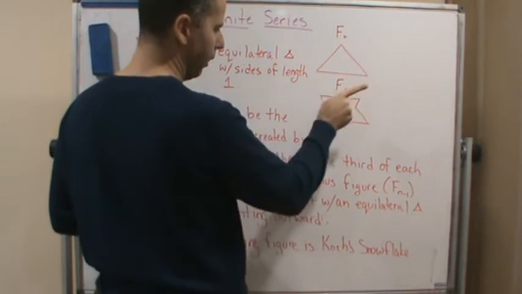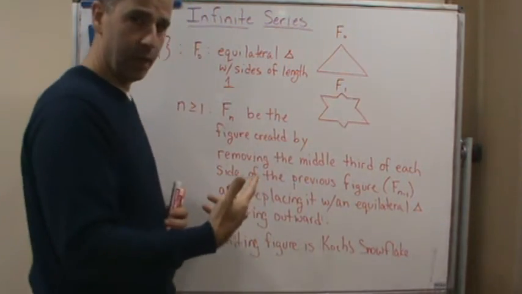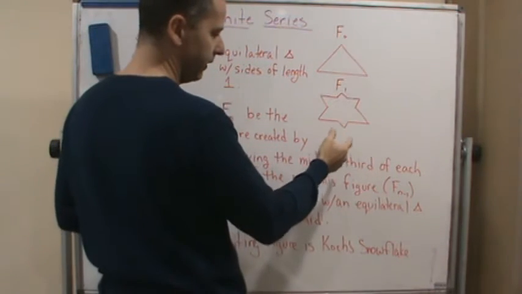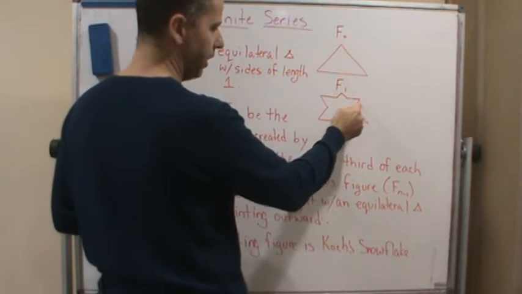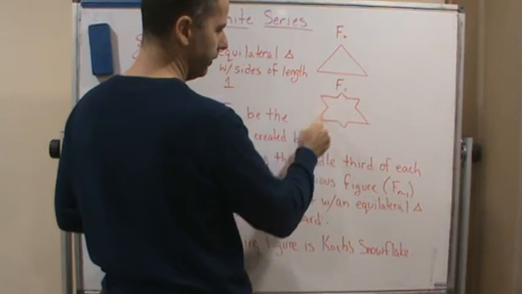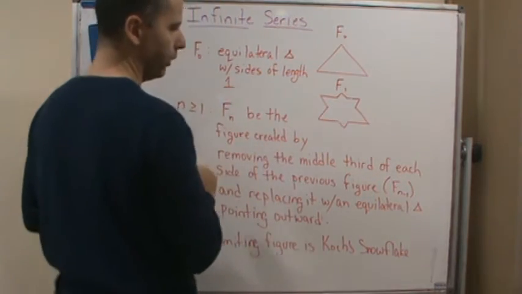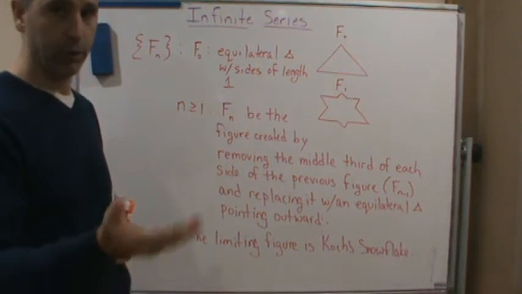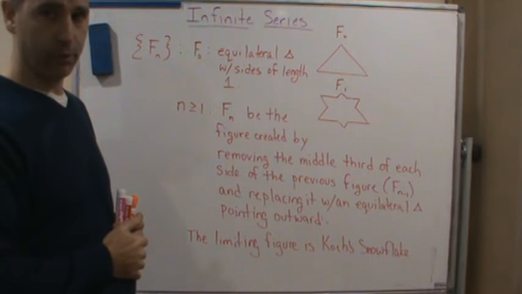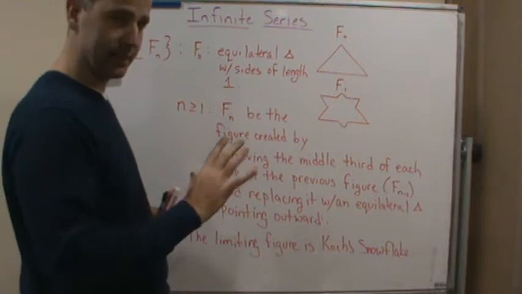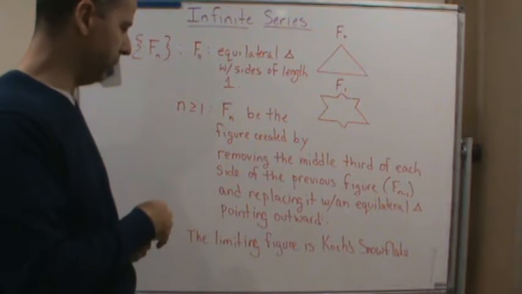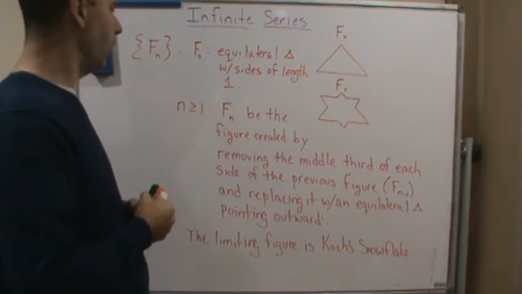that is pointing outward. Incidentally, the length of each side of the equilateral triangle that we end up creating is going to be 1/3 of the length of the previous side. Again, that's incidental. I don't know if we're going to use that or not, but I don't think so.